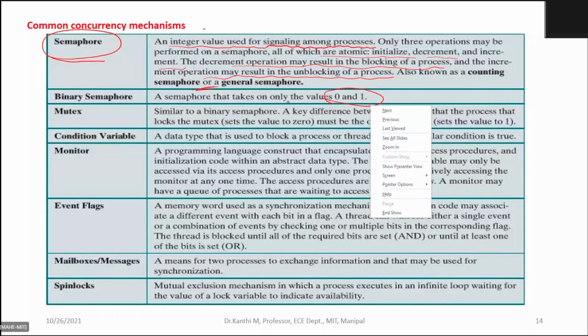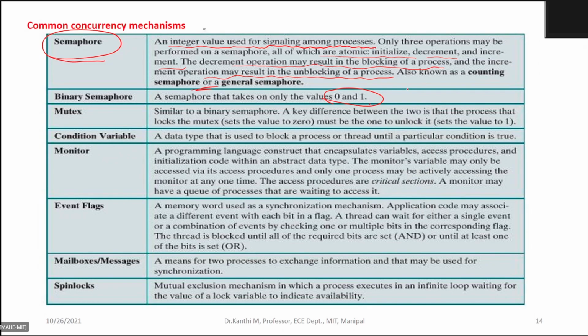That is possible in the semaphore. But in a binary semaphore, you have only two states: available and not available. That's it.